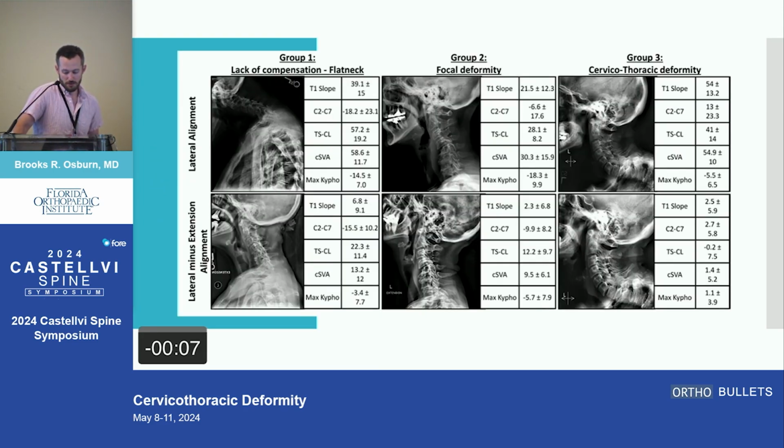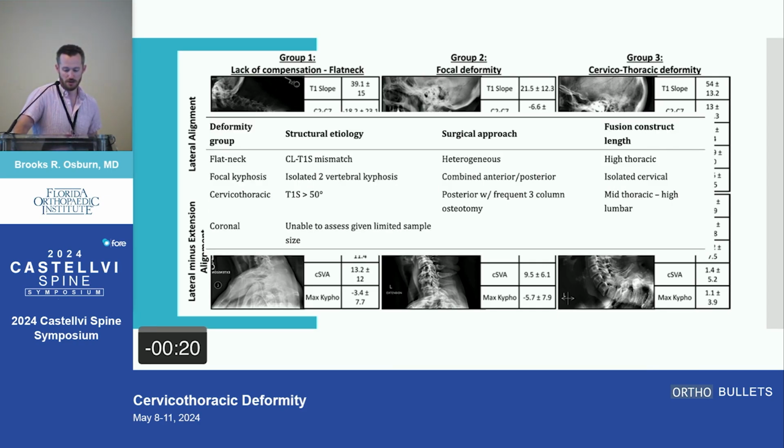This is one of the tables that he had, demonstrating the lateral alignment and then in extension, so you can see different degrees of correction. But what this tells you is what you need to do and where you need to stop. Those flat necks are typically ones where you are instrumenting either doing an anterior and posterior approach or just going posterior and then stopping at that high thoracic stopping point, T1, T2, because you have a low T1 slope.